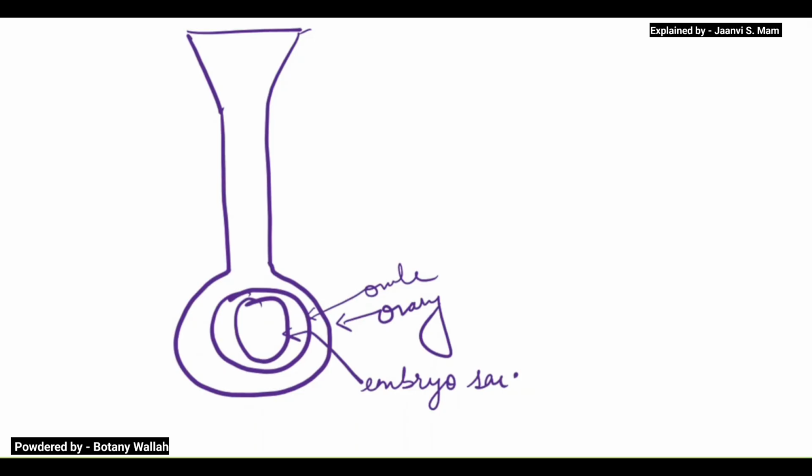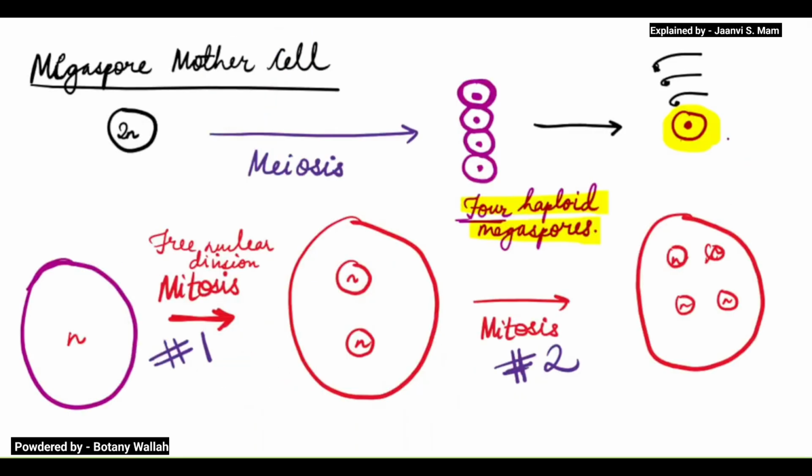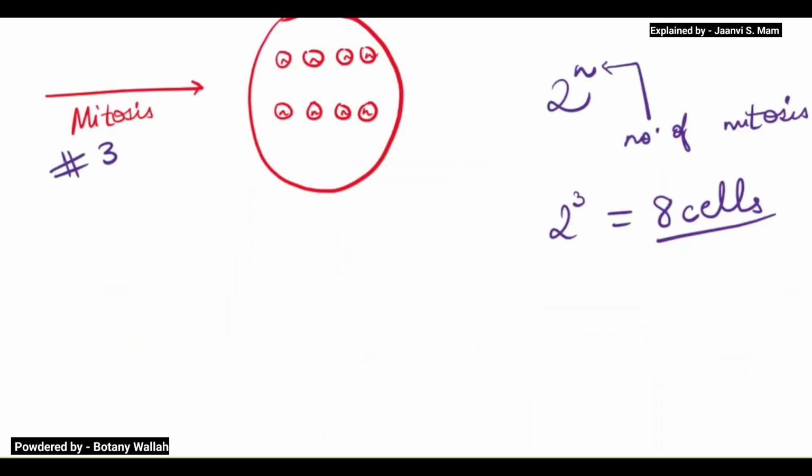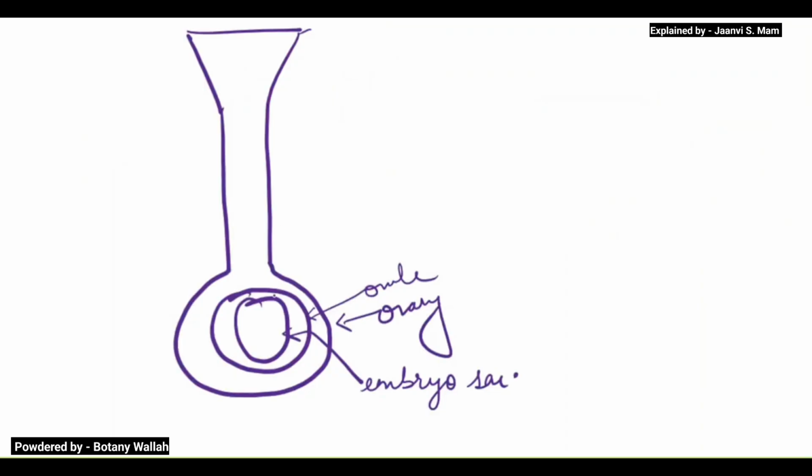So megaspore cell means which cell? This cell. Okay, this is the megaspore, and this megaspore has completely divided into what you can see here. So now how will these 8 cells be arranged? See, this is your embryo sac.